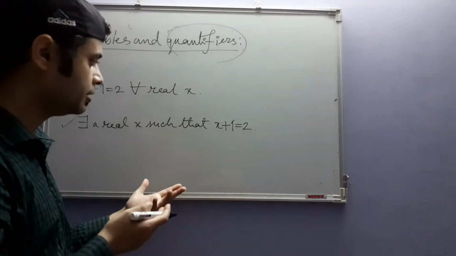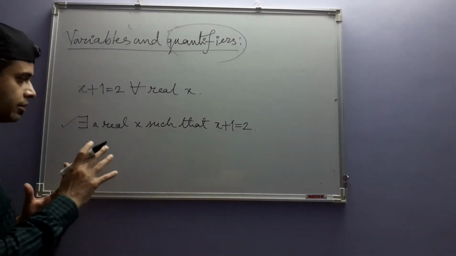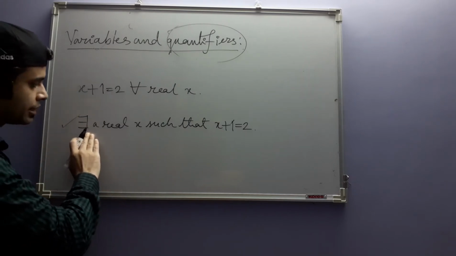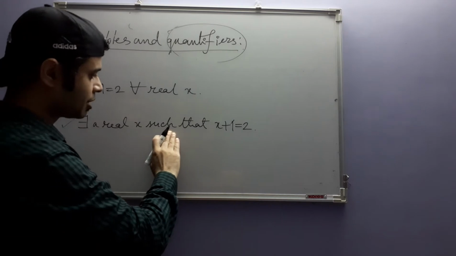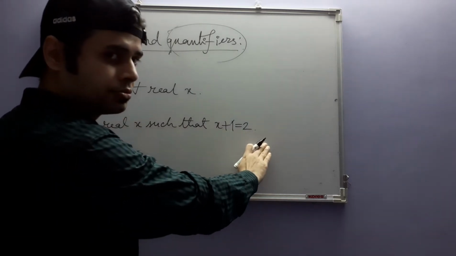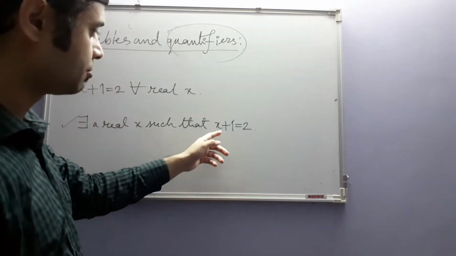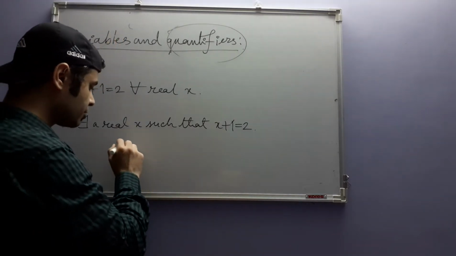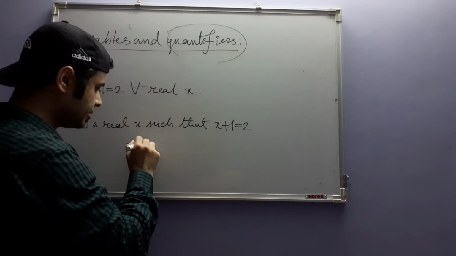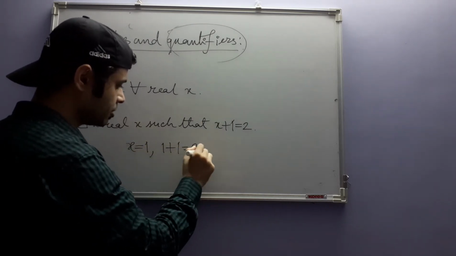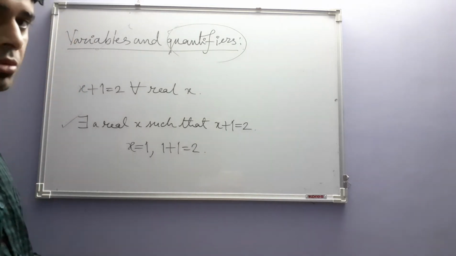How shall I proceed? What am I required to do here? I have to show that there exists a real number x for which this is true. So I have to find a value of x for which this is true. My proof consists of taking x equal to 1 and observing that 1 plus 1 is equal to 2. So that is my proof.